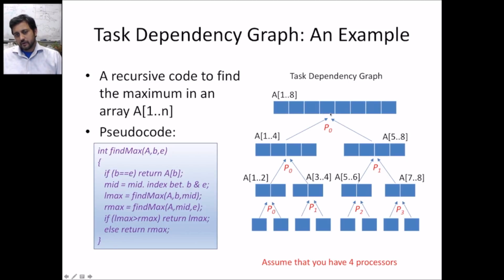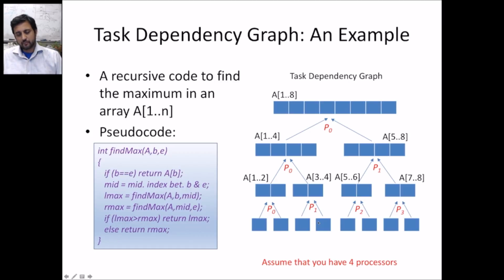So if we assume that we have 4 processors, then what we could do is assign jobs to these individual processors on who does what. And that's what defines this task dependency graph. This task dependency graph basically shows that the children at any given level need to be completed.